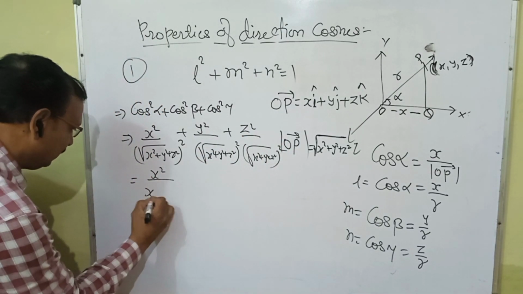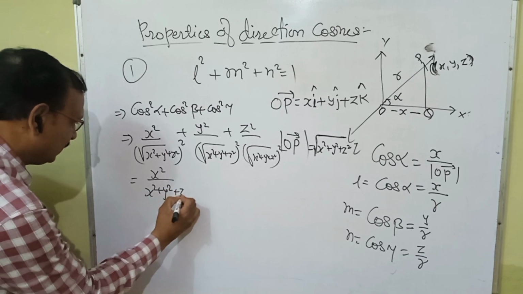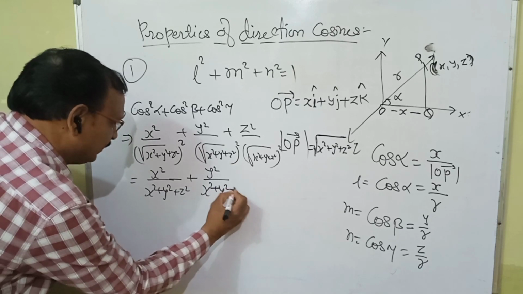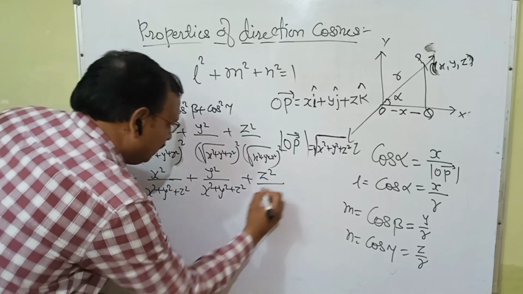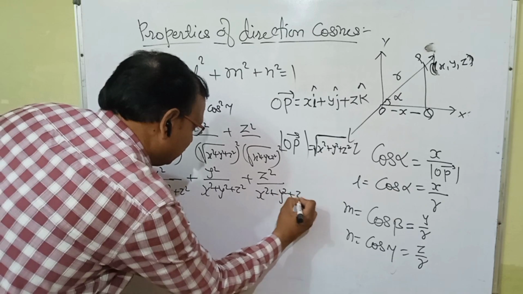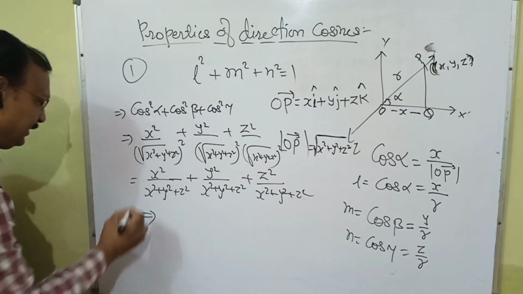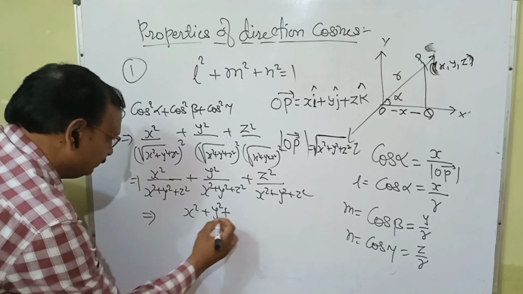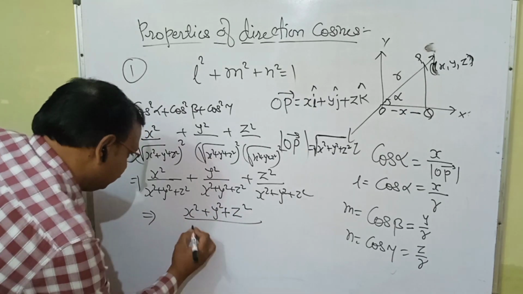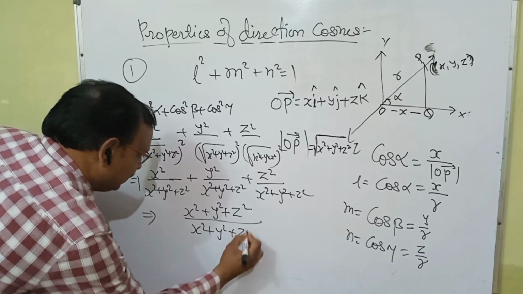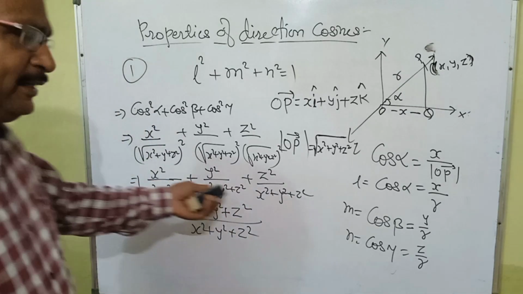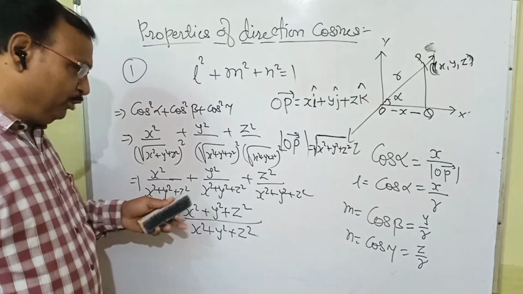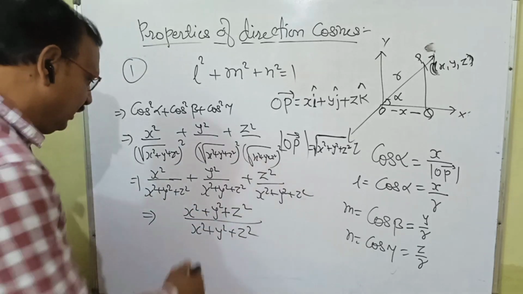So we get x square upon x square plus y square plus z square, plus y square upon x square plus y square plus z square, and z square upon x square plus y square plus z square. Because the denominator is the same, the LCM will be x square plus y square plus z square and the numerator will be x square plus y square plus z square.